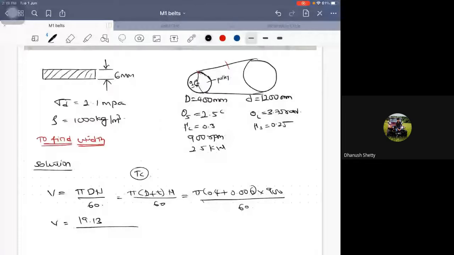Yes, sir. So we have got the velocity as 19.13 meters per second. Now, should I consider the value of TC or should I neglect the value of TC?